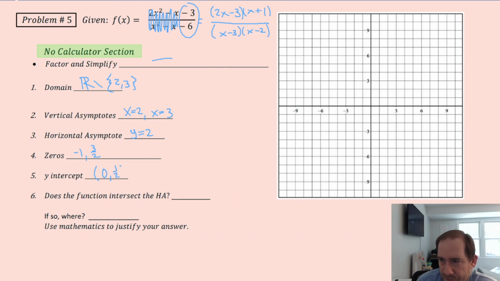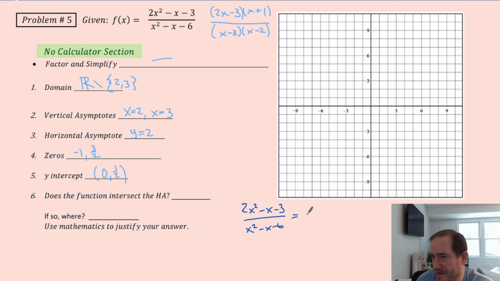Just a regular parenthesis there. Does the function intersect the horizontal asymptote? How do you figure that out? I think we said that you need to take the entire function, ideally in its expanded form, and set it equal to the y value of the horizontal asymptote. So we're going to take 2x squared minus x minus 3 all over x squared minus x minus 6, and set it equal to 2, and try to solve.